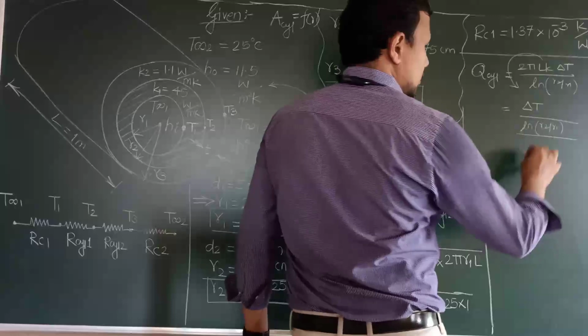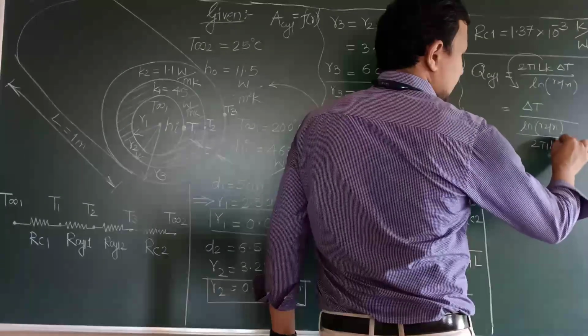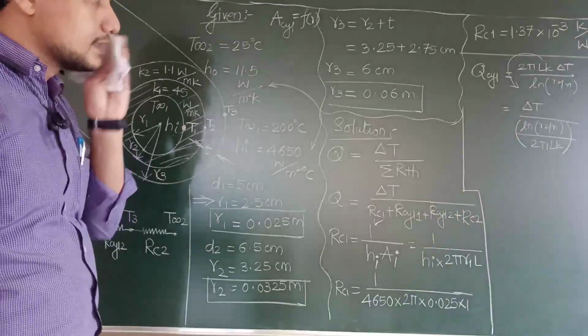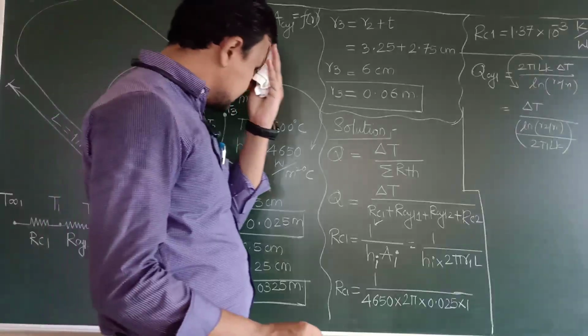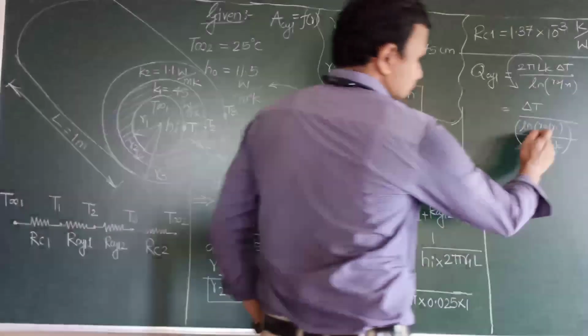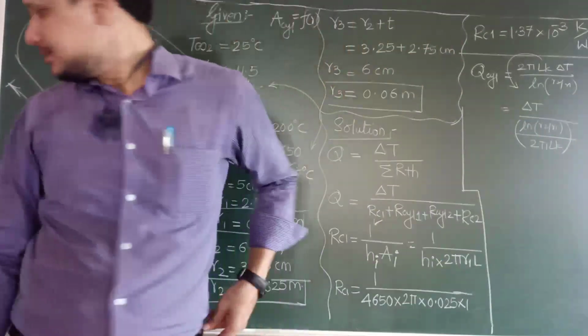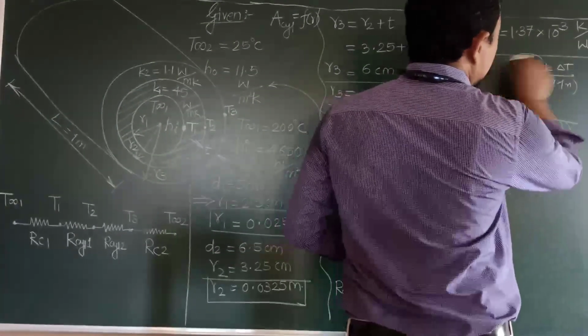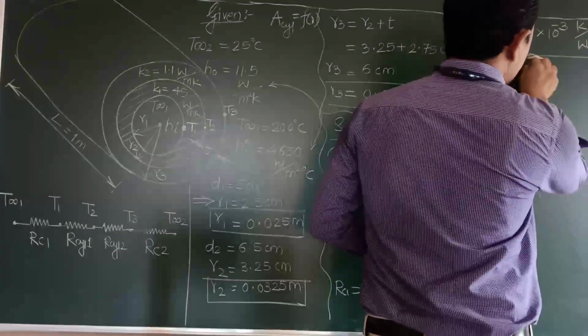This entire parameter inside the bracket is nothing but the conduction resistance of the cylinder. So that's the formula that we need to use. Let us now calculate the conduction resistance of the cylinder.